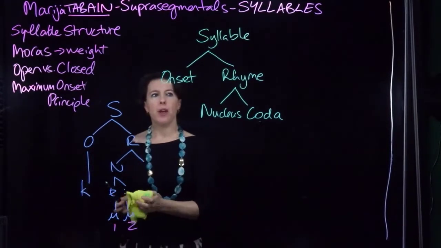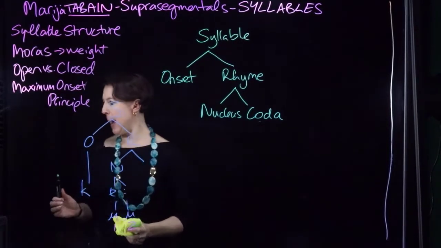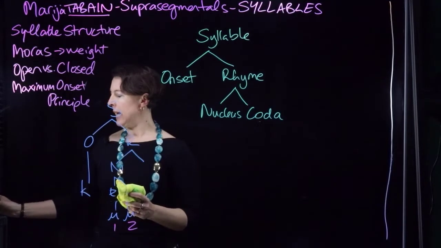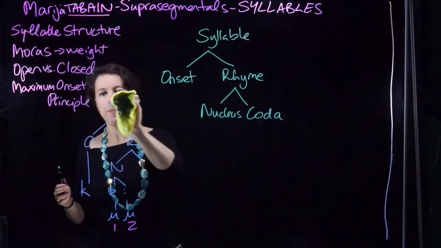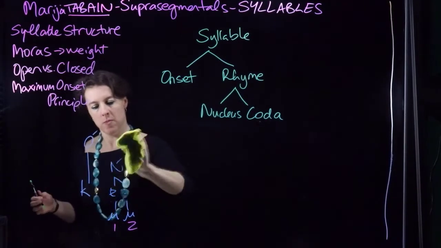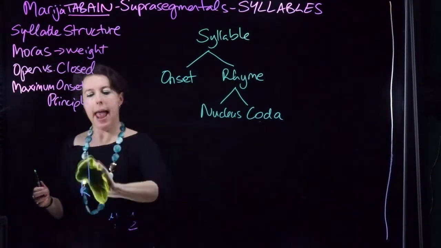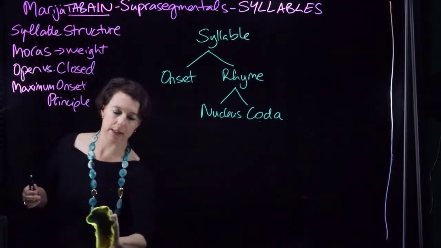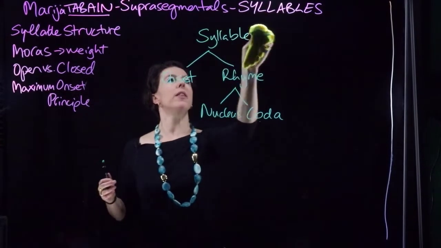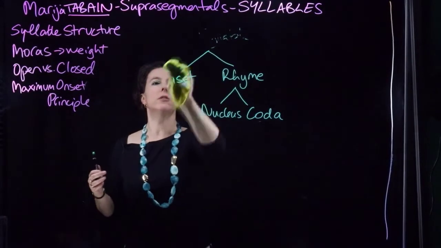The other important thing we do need to deal with is what happens when more than one syllable goes into a word. So I'll just get rid of this, and that's when we use something called the maximum onset principle. So I'm going to have to get rid of this again because I'm going to have to start doing 2 syllables.